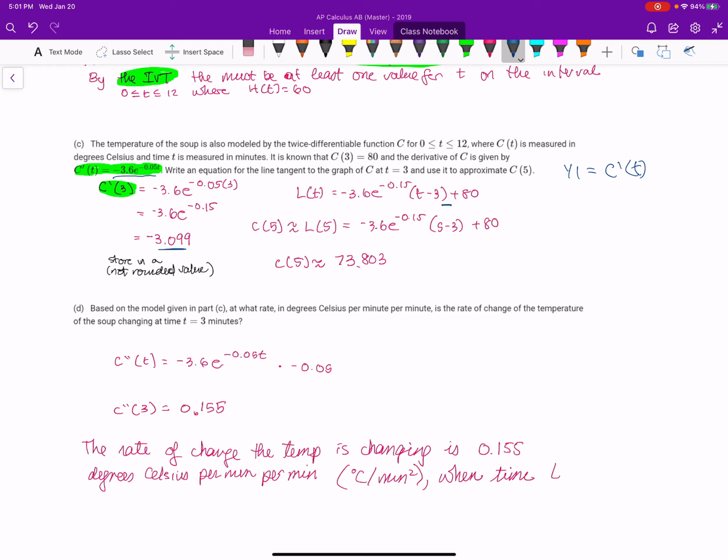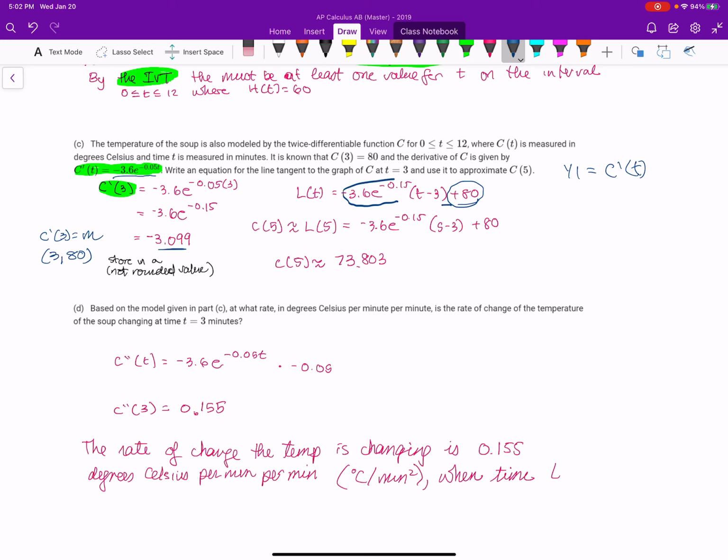It just makes it a little bit easier. I have to write the equation of a line using point slope form and moving the y over to the other side. That's why it's plus 80. So the slope c prime of 3 is the slope that I need, and you're told that 3 comma 80 is a point at 3, so therefore I have all the pieces to write the equation of a line.